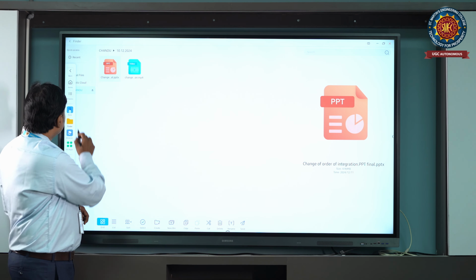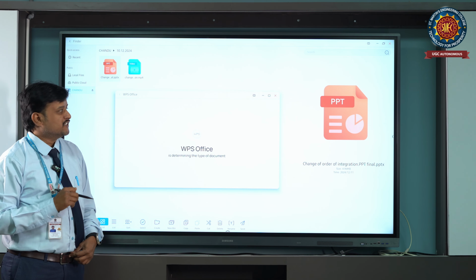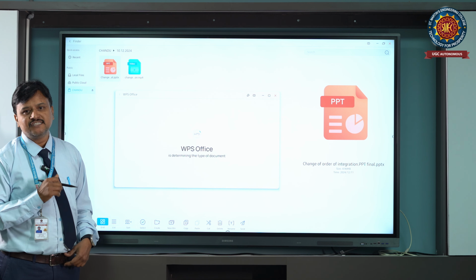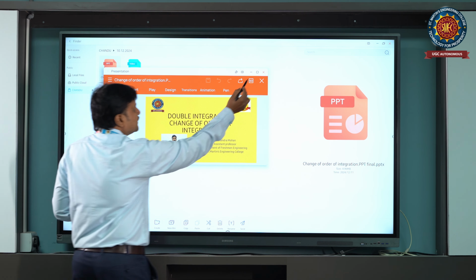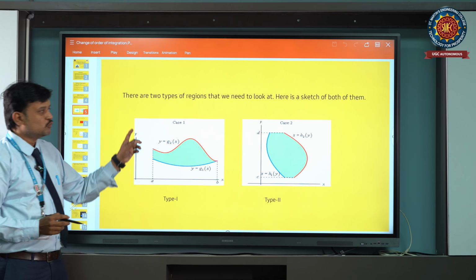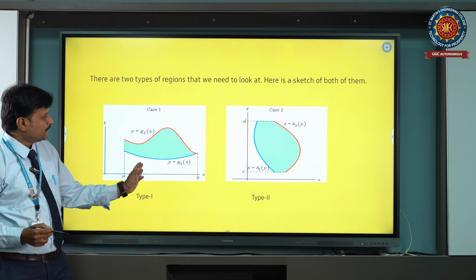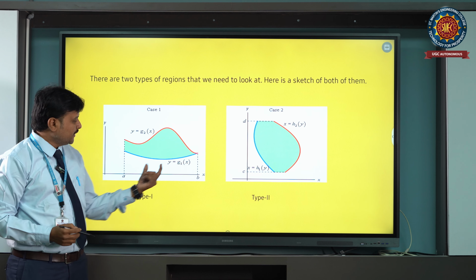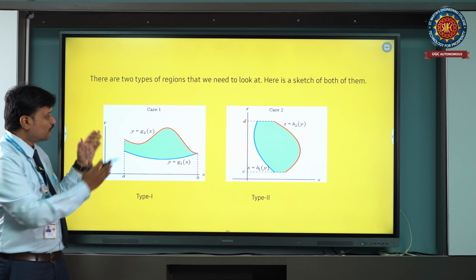Next, coming to the types of regions. There are two types of regions, type 1 and type 2 regions. In a type 1 region, the region exists between two vertical lines.